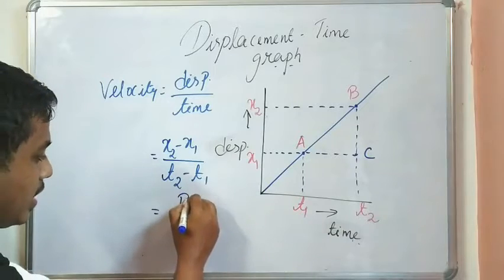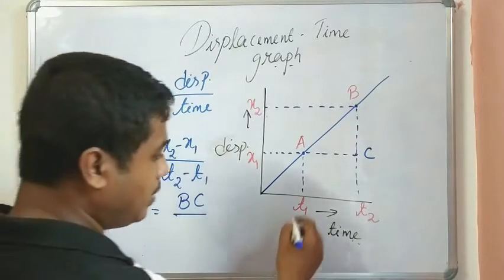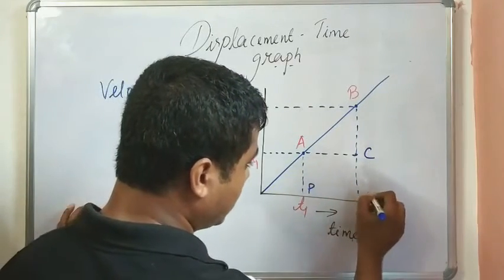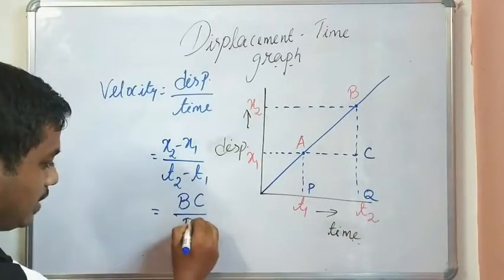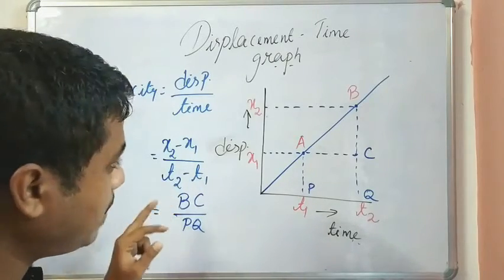So x2 minus x1 I can write as BC, divided by t2 minus t1. I will consider these points as P and Q, so t2 minus t1 is PQ. So it will be BC by PQ. Clear? BC by PQ.